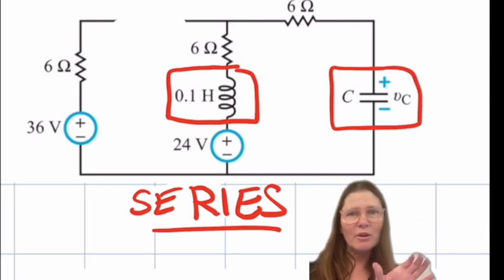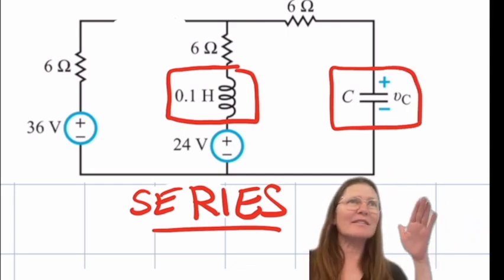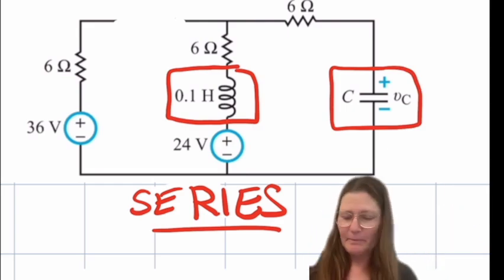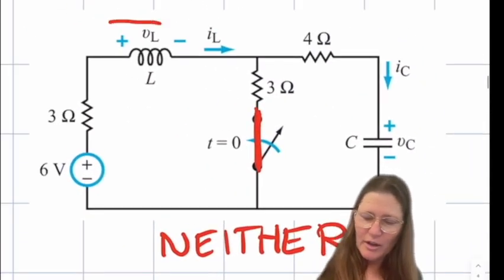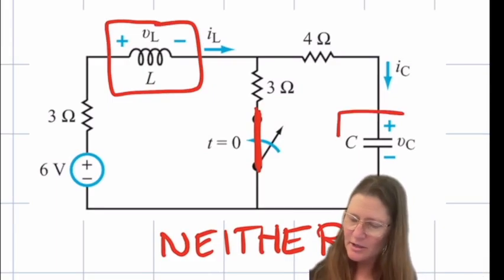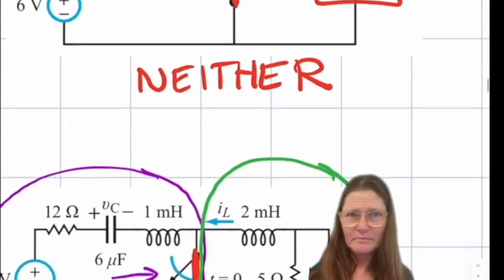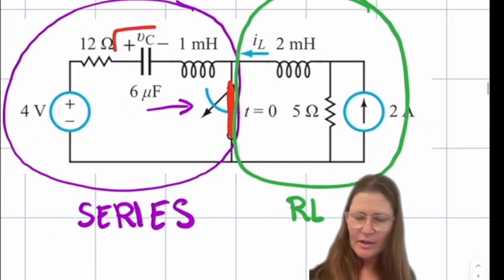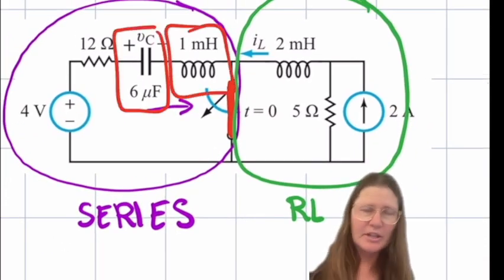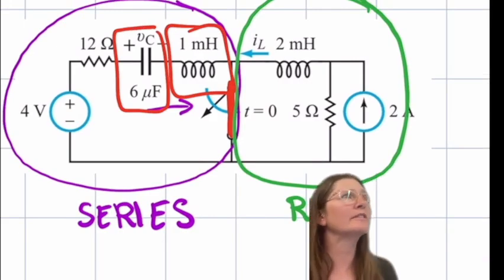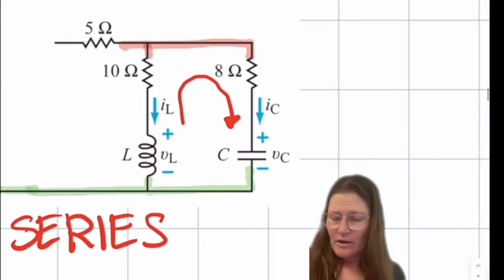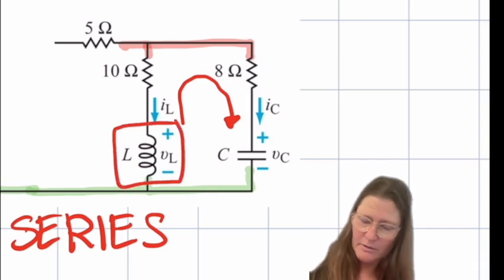So looking at where the element is, hopefully this is easy to see, that's in series. Looking at where the element is here and here, again that's going to be neither. Here and here, those are easily seen in series. And here and here.